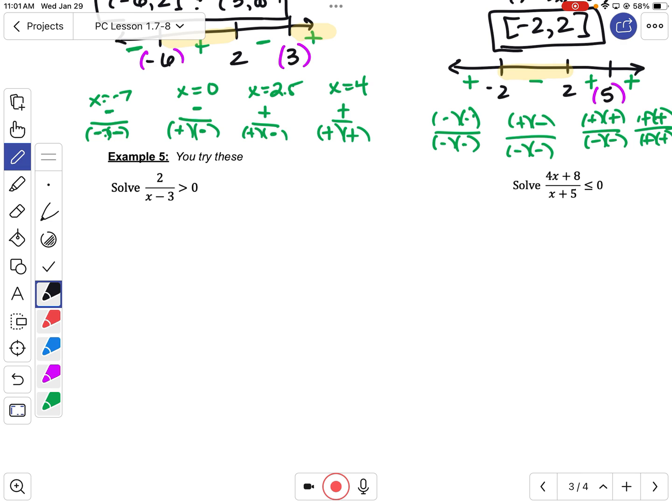Remember she said that only the numerator has zeros, and there are no zeros in the numerator, so we can just. Yes. Right.